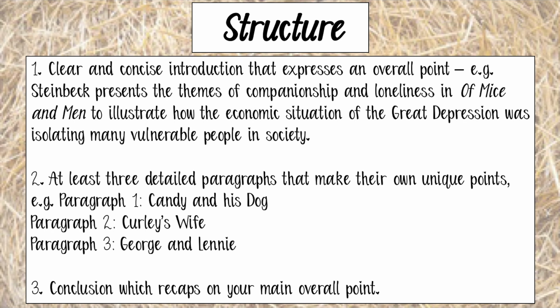Perhaps I'd link it to the context of migrant workers moving around all the time, but George and Lenny are different. There are some good quotes I could use there when George and Lenny are talking about their dream. However, because at the end of the text Lenny is killed by George, that's perhaps symbolic of Steinbeck saying that these ranch hands are doomed to be alone because even George and Lenny's companionship can't keep going.